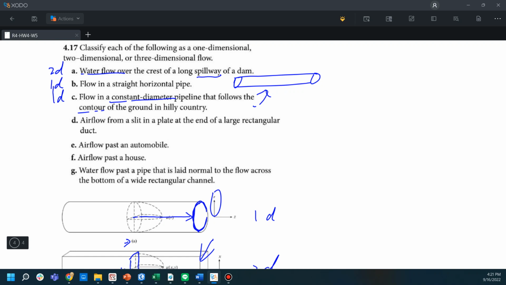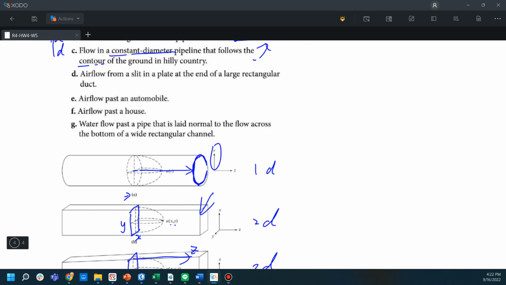Okay, to the D, the airflow from a slit in a plate at the end of a large rectangular duct. So it already tells you that this is a rectangular duct.